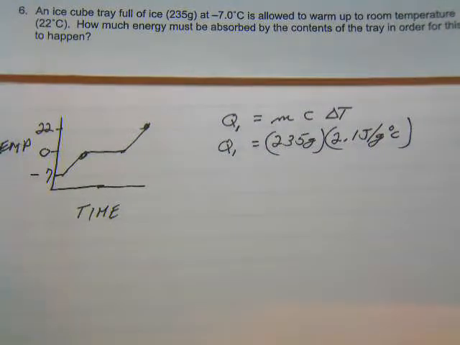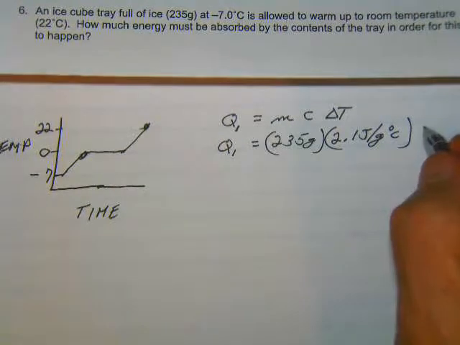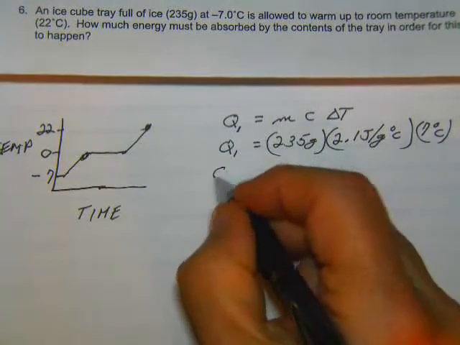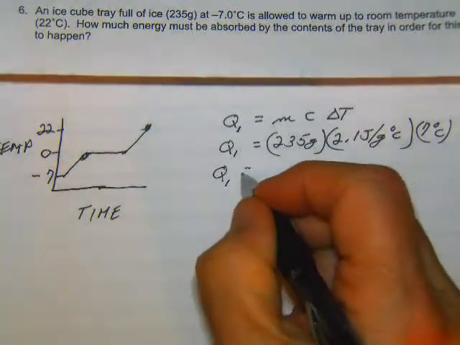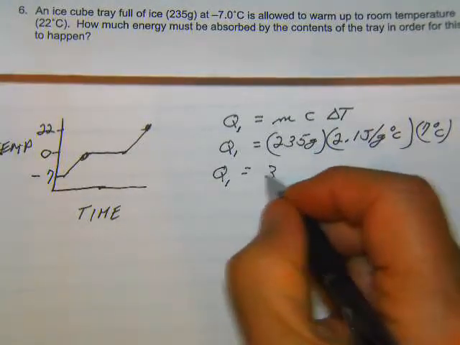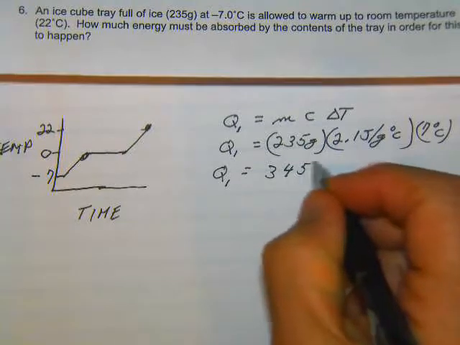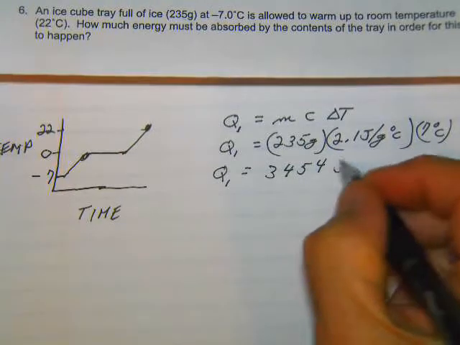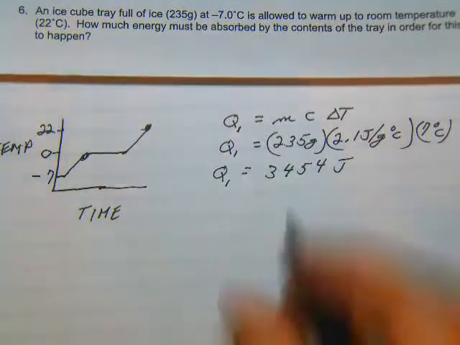And we're taking from a negative 7 to 0, so that's 7 degrees Celsius. So if we do the math, Q1 equals 3,454 joules.